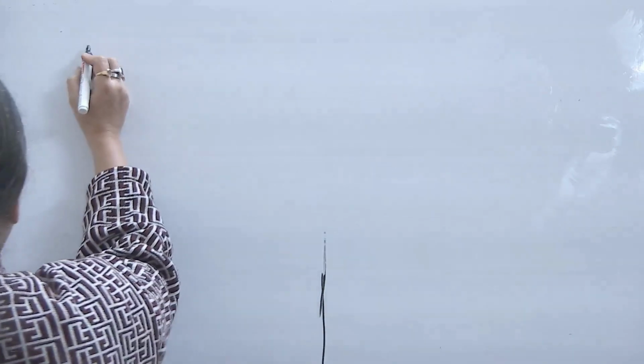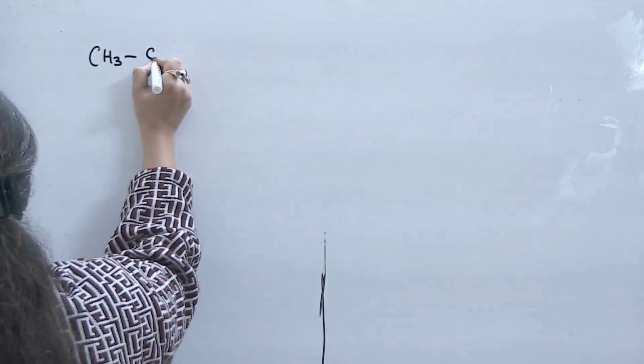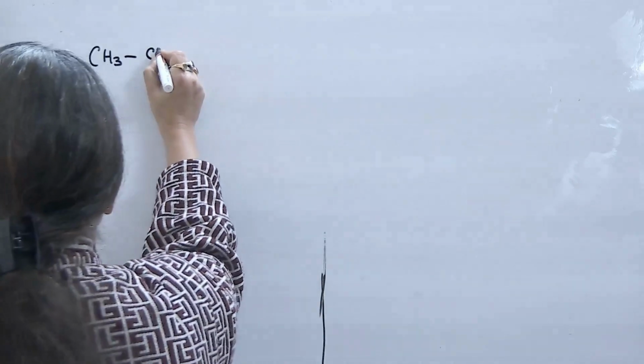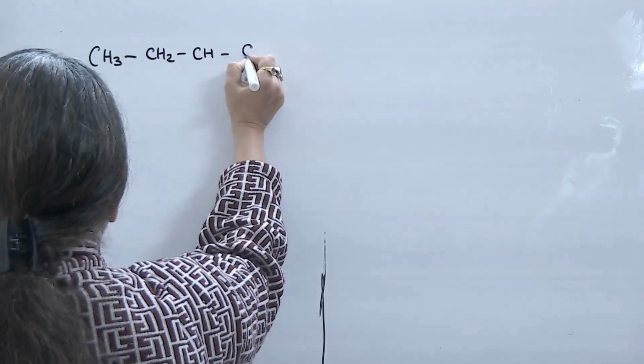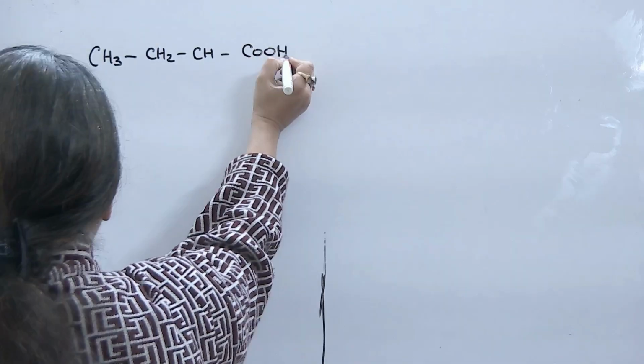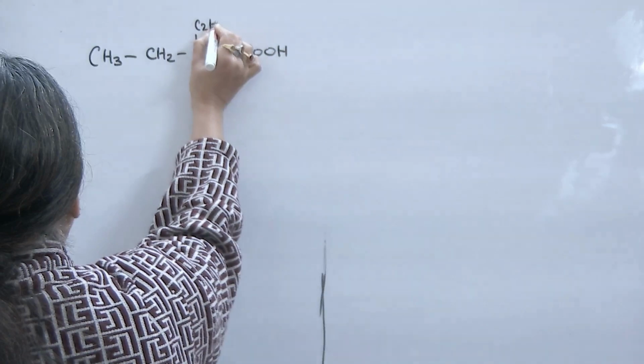See, let's do one more. So this is last, CH3, CH2, CH, COOH, and here you have C2H5.